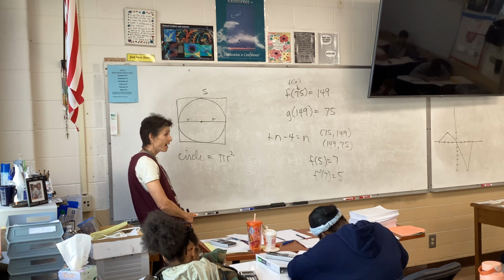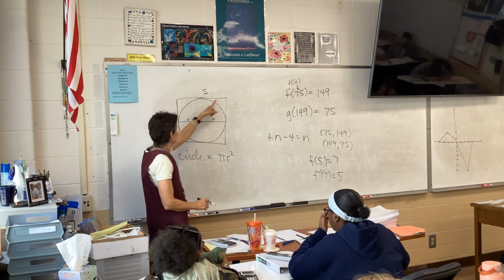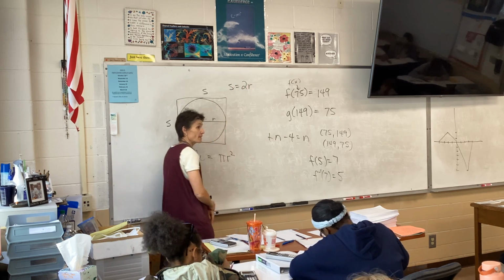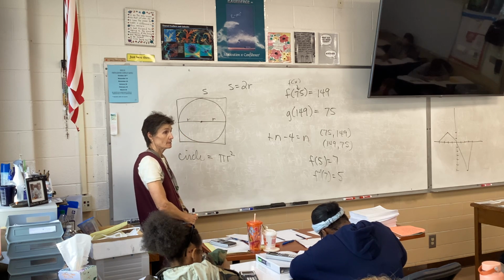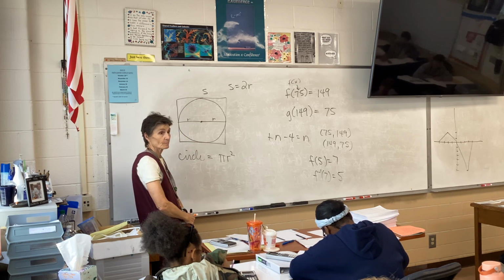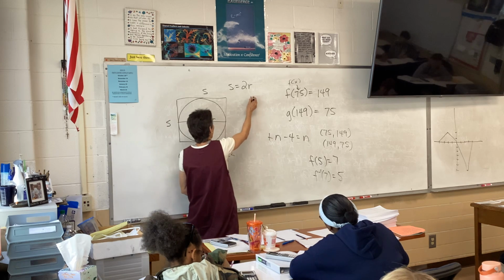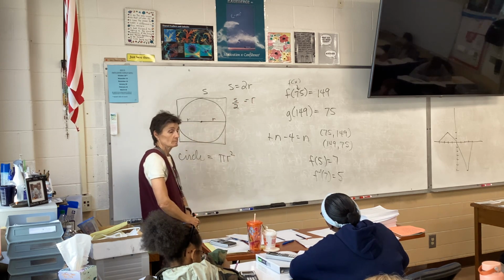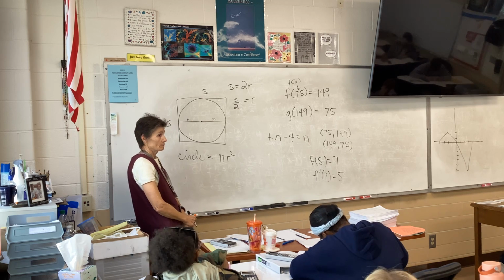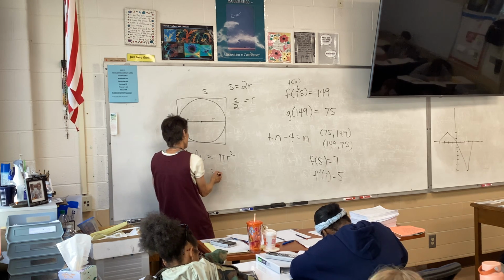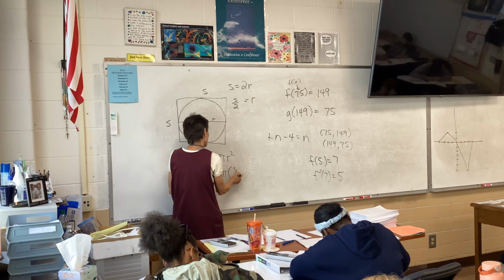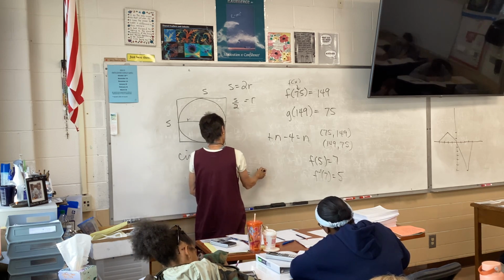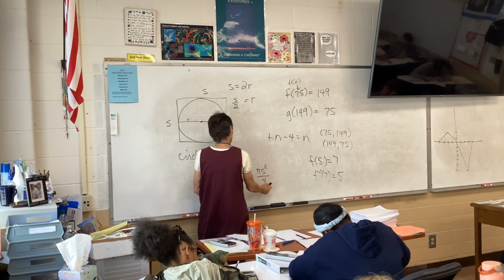So the side is 2 times the radius? Would you agree with that? In this situation? So R is S over 2? So the area is pi times S over 2 squared, which is pi S squared over 4.